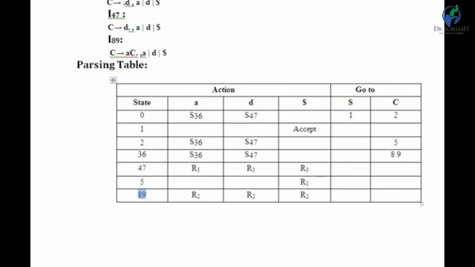So this is the bottom up parsing table. Then syntax directed translation or syntax directed definition, synthesized attribute, inherited attribute, L attribute, annotated parse tree, all these topics are already covered in our unit number 5.